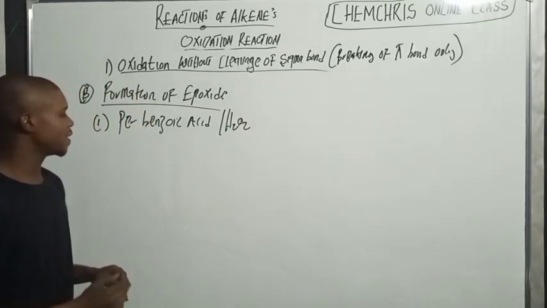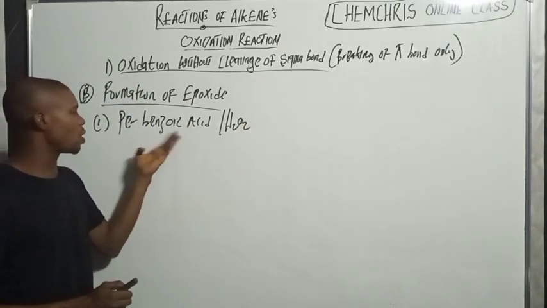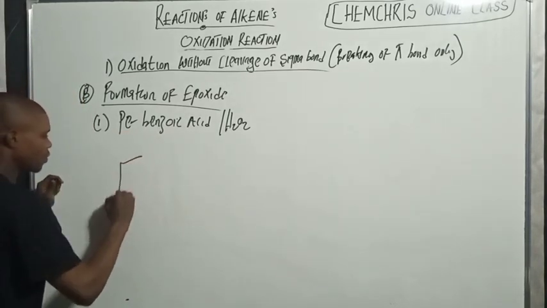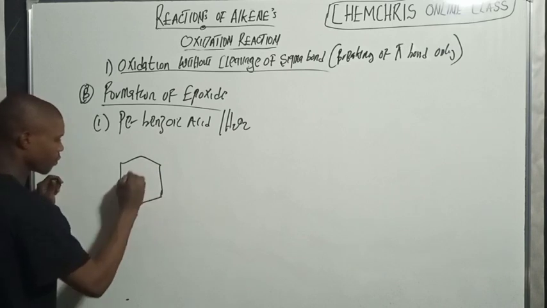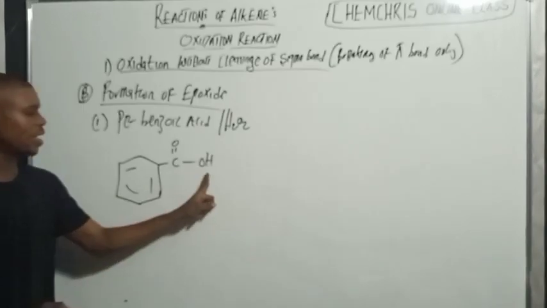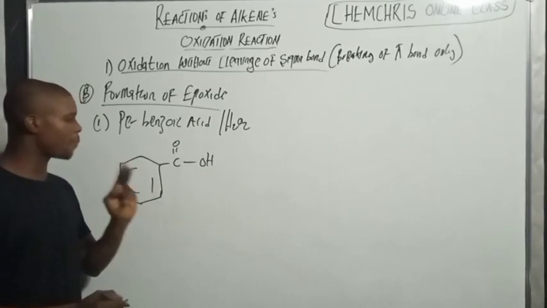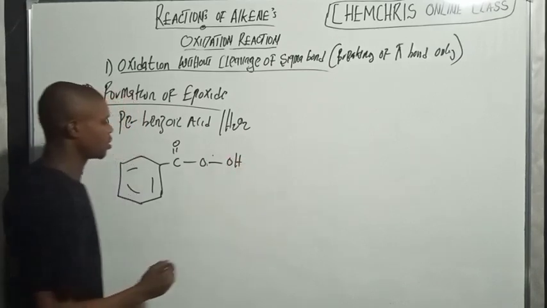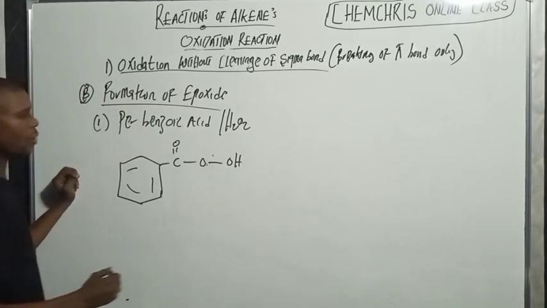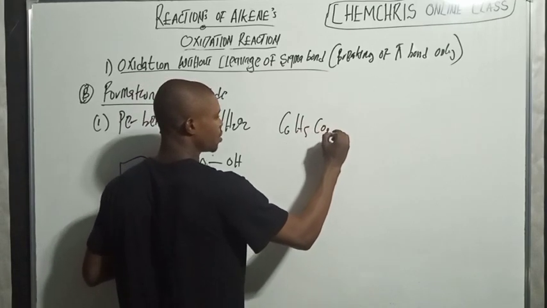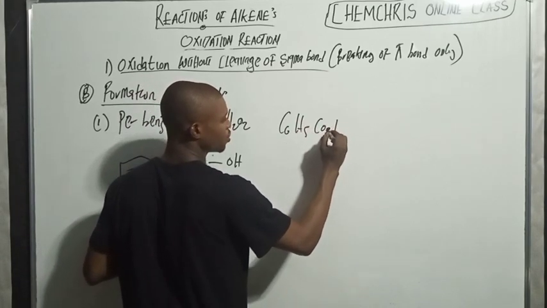Perbenzoic acid. Now, when you have perbenzoic acid, it's just like benzoic acid. You understand? But what happens here? You remove the hydrogen, remove OH here. So that way we have C6H5CO3H.